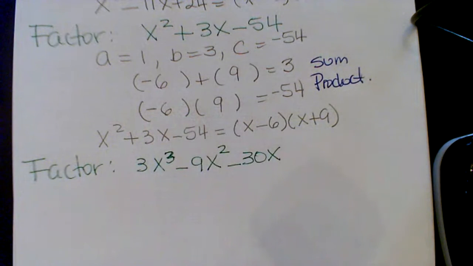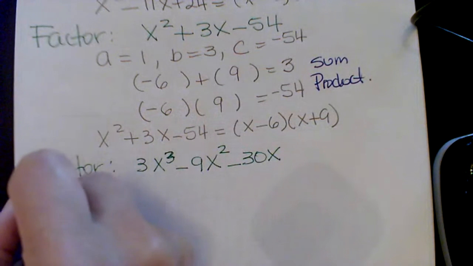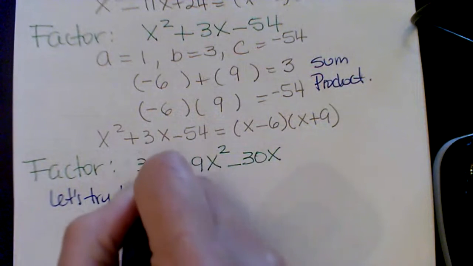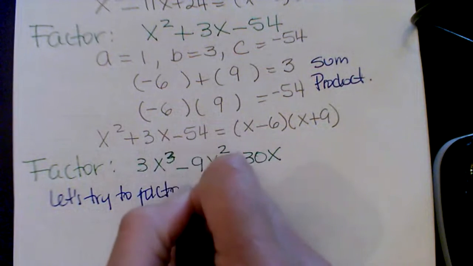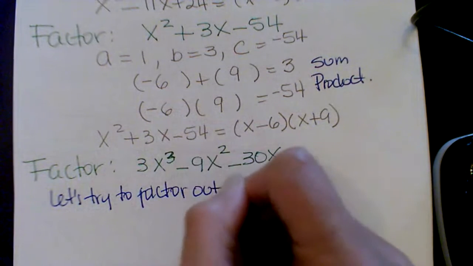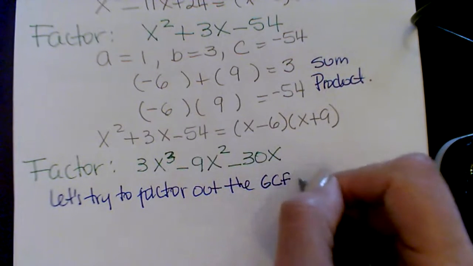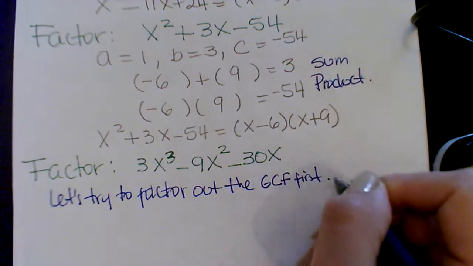So this doesn't look exactly like a quadratic, right? What we need to do is factor out the greatest common factor first. Let's do that.